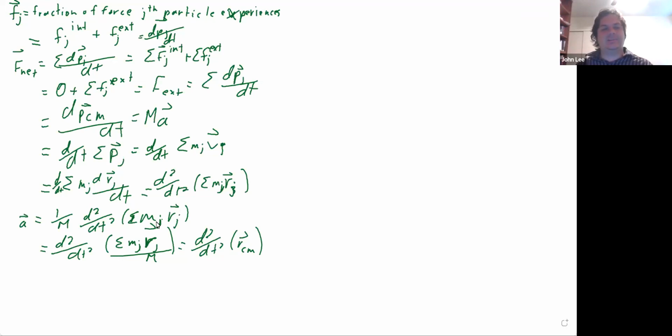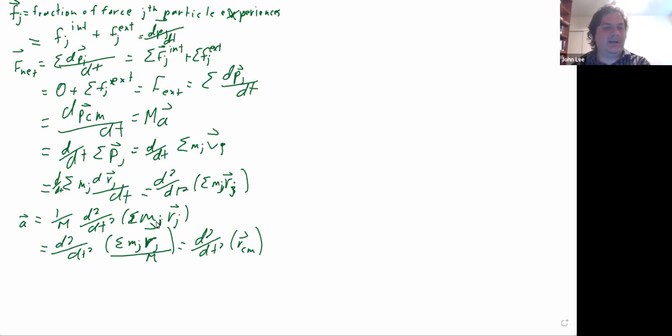So that's d squared/dt squared r of center of mass. So this is the average value of the mass over r, in the same way that we were talking about f average being the average value of f over t. This is the average value of mass over r, or of r over mass rather.